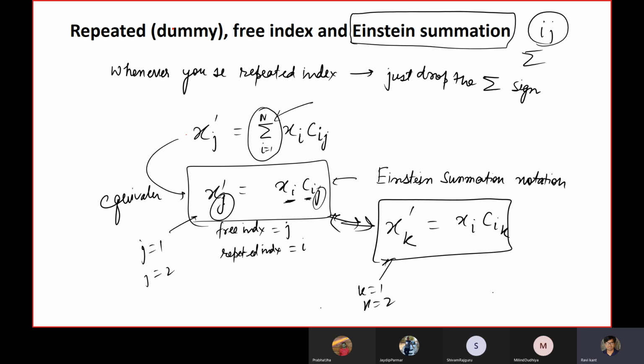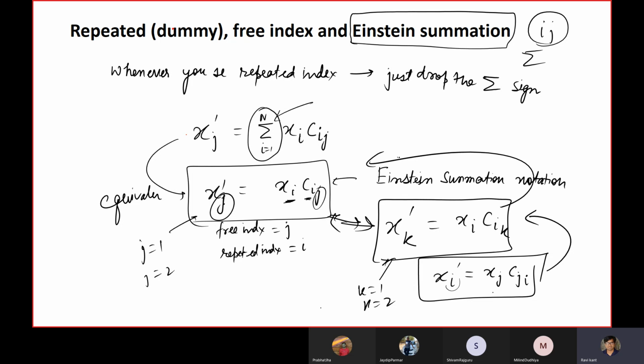One more manipulation I can do is write x i dash is equal to x. Now I cannot write i here because i is already taken, so I put this as j, c j i, and then this i would be coming over here. Now these would be equivalent statements. All these things are equivalent, nothing wrong in it. All of them mean the very same equation.